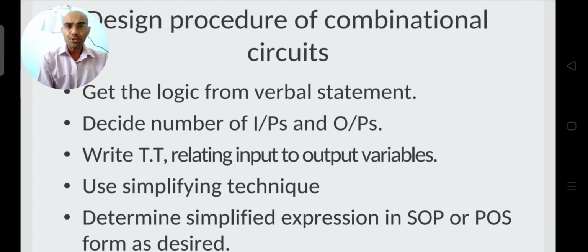Once the truth table is written, then by using simplifying techniques, you can use any of the three methods which we discussed in the last unit. Either you can use Boolean algebra, you can use K-map to get the simplified form from the truth table, or you can also use the tabular method. But in most of the examples you will see that we are going to use K-map for our simplification.